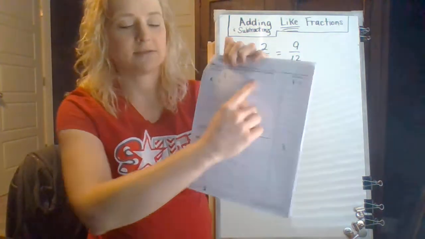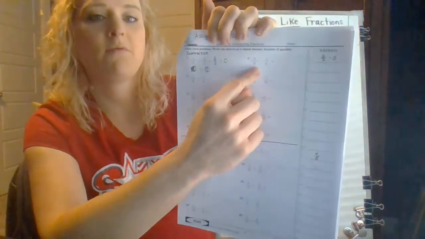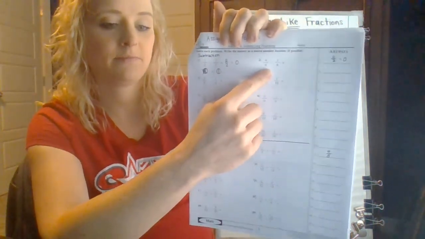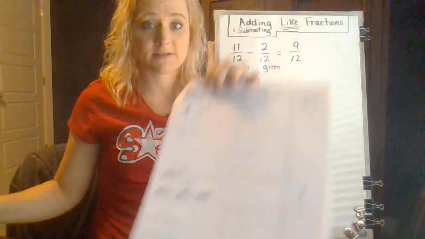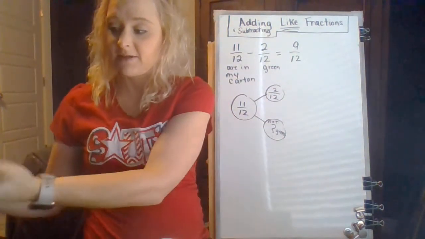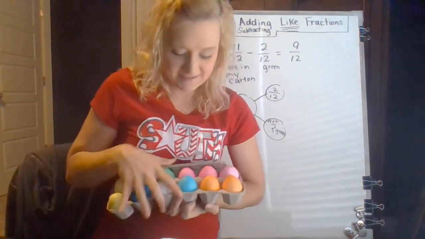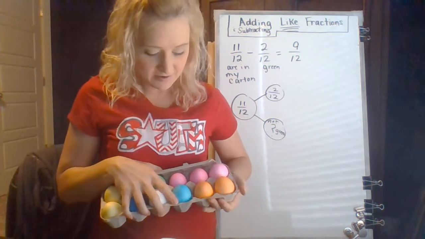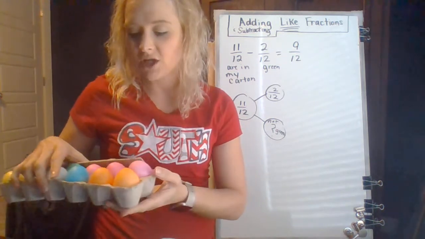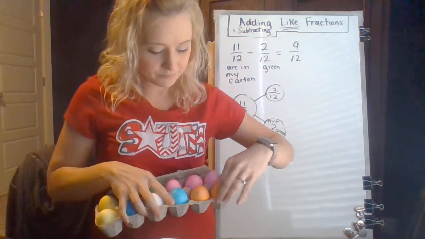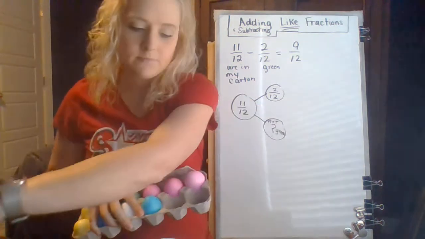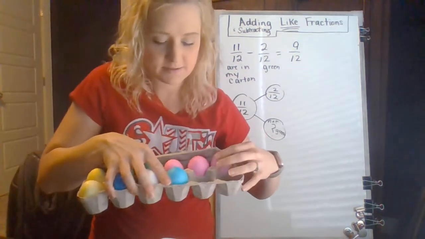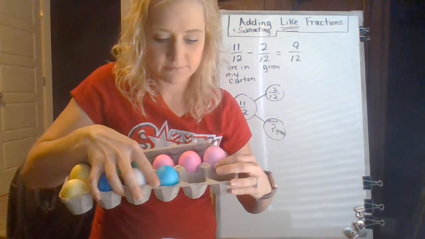So let's take a look at this next problem just to be thinking. 4/6 minus 2/6. What could be a story about 4/6 minus 2/6? Well, sometimes egg cartons come in just half a dozen. So they just come in 6 eggs, right? So imagine you have 4/6 eggs.